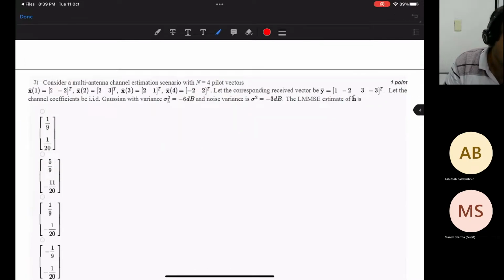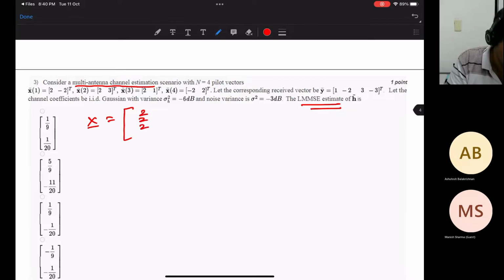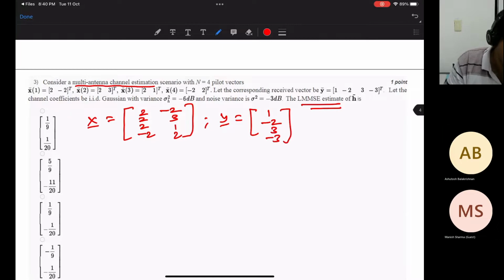Question 3. Again, multi-antenna channel estimation. We need to find the LMMSE estimate of H. First let us construct the X matrix. This will be 2, 2, 2, minus 2, minus 2, 3, 1, 2. This is my X matrix as given in the question, and my Y vector is 1, minus 2, 3, minus 3.